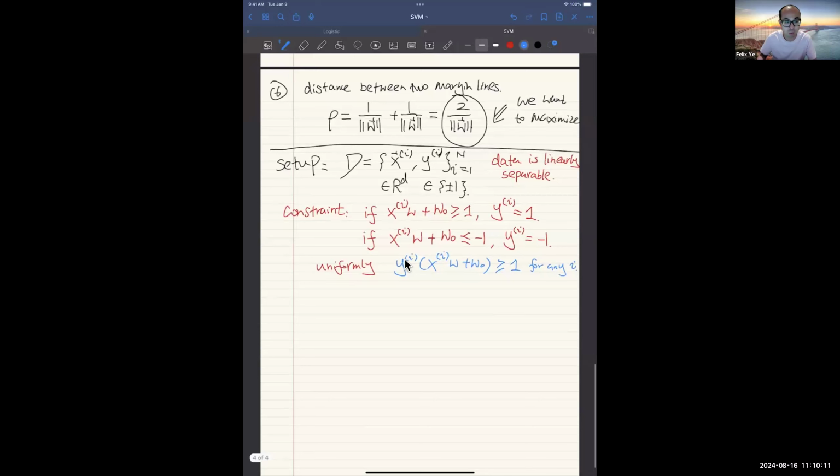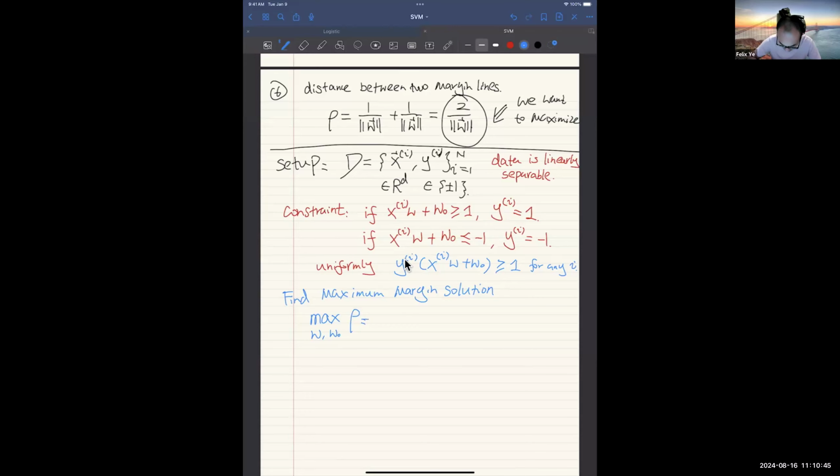And also we need to find the maximum margin solution. So I want to find my w and w0, my vector and intercept, to maximize my margin.